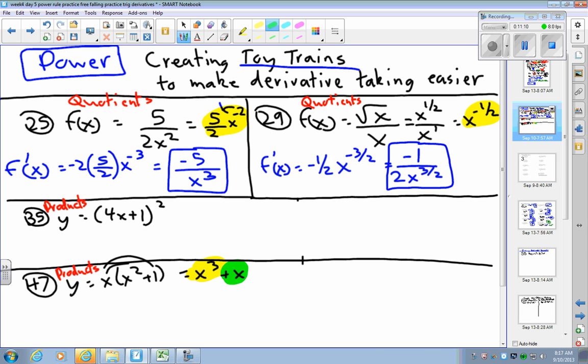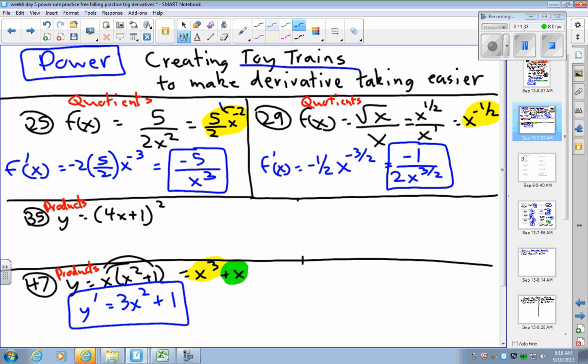They're separated by the plus sign. That plus sign is kind of like your string connecting the two animals on the toy train. And you're allowed to take the derivative now. And remember notation. If I start with f, I go to f prime. If I start with y, I go to y prime equals 3x squared plus 1.